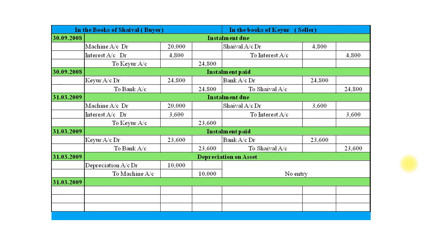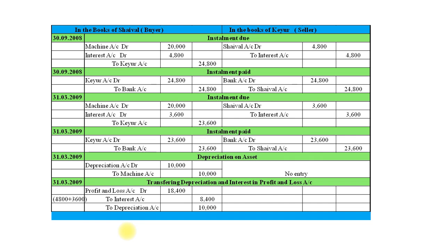And on 31/3/2009, transferring the depreciation and interest in profit and loss account. So in the books of buyer, the journal entry will be profit and loss account debit 18,400 to interest account. Now in the interest account we have to add two interests because these are two installments in one year, so two installments mean two interests. So 4,800 plus 3,600, so the total comes to 8,400, to depreciation, that is 10,000.